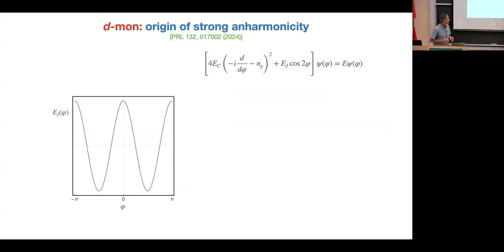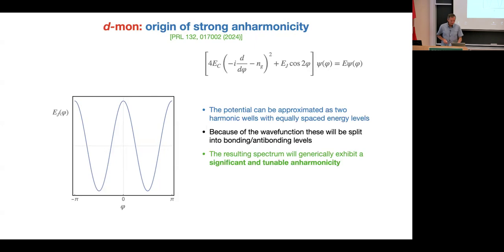And here is how one can understand what's happening. So now my potential is cosine 2 phi, so it looks like this. Instead of just one well, I have two. At low energies, I can approximate these by harmonic potentials. And to that first approximation, I just have equally spaced levels down here.